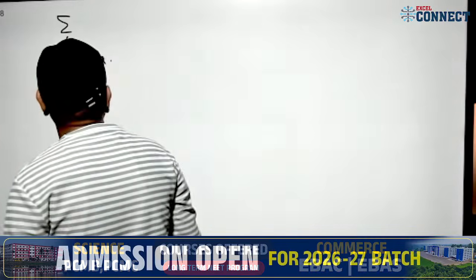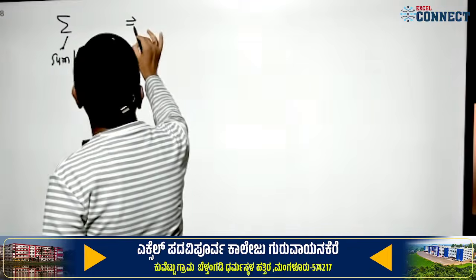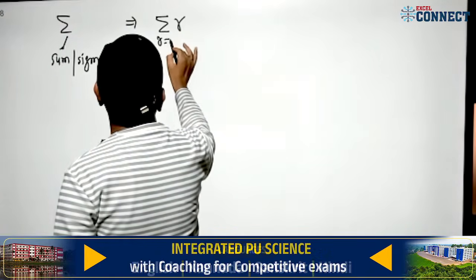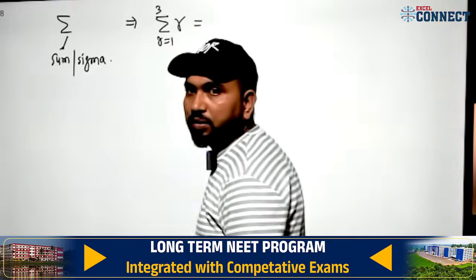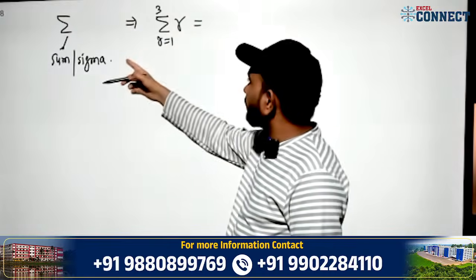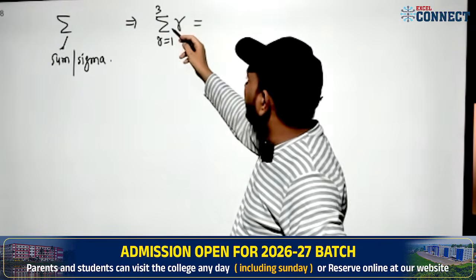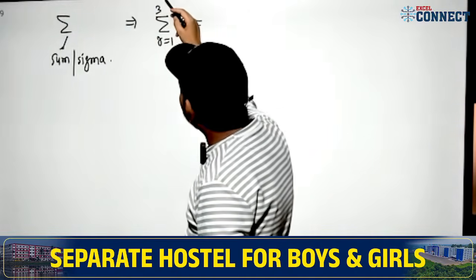What is the meaning of this? If I say summation of, let's suppose, r is equal to 1, 2, 3. This is the summation symbol. Summation means first you put r equal to 1, it is the starting. Generally r is equal to 1, and r is equal to 3 here.